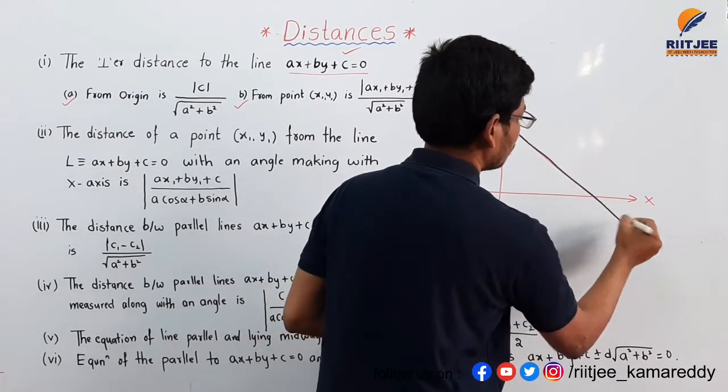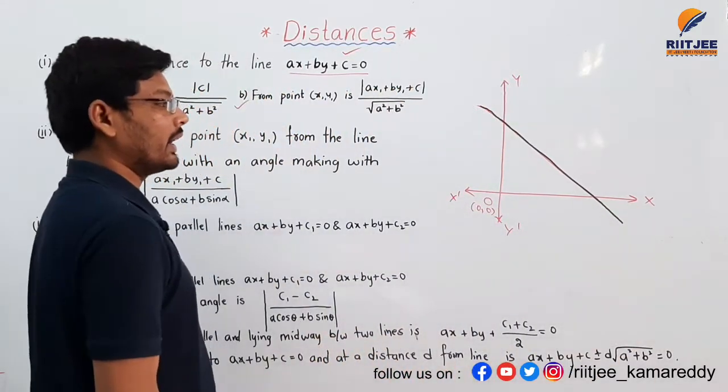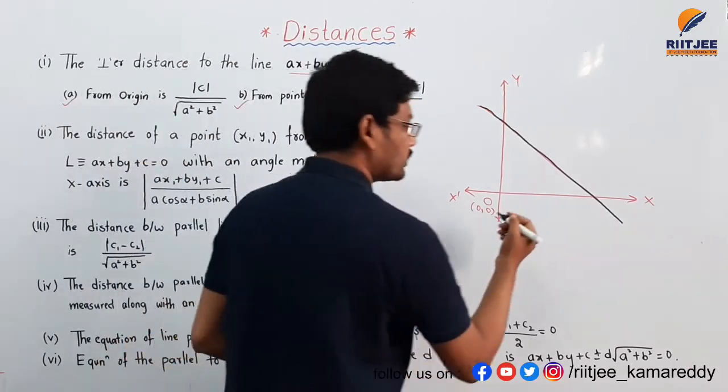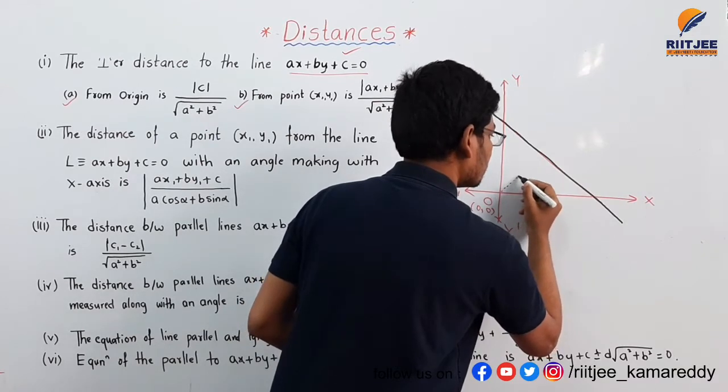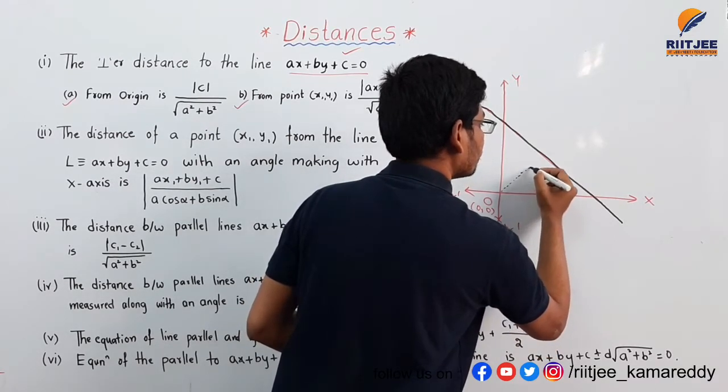The line intersects the two coordinate axes, and this is the perpendicular distance to the origin.